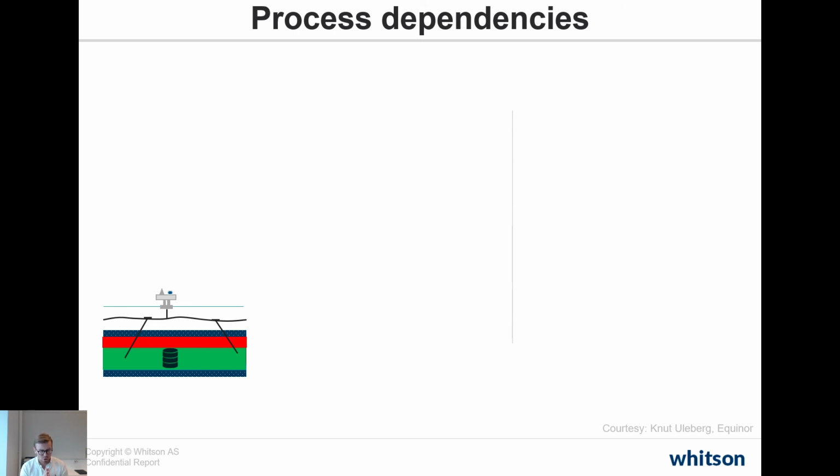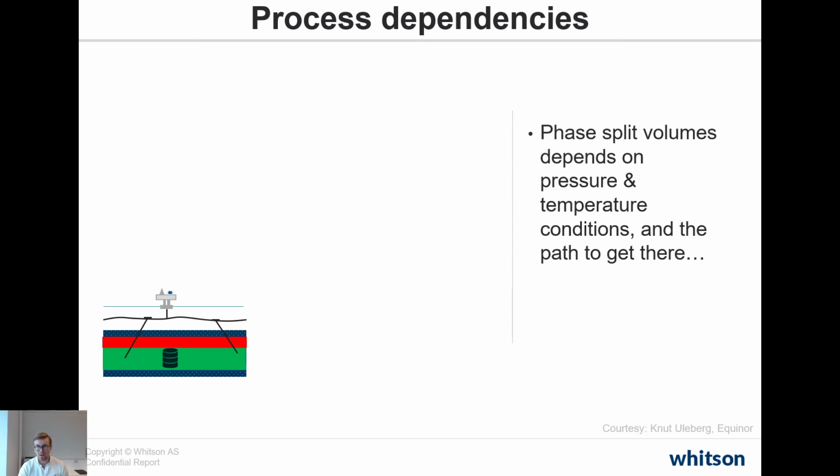A super important thing to remember when we talk about PVT properties is that all PVT properties that are volumetrics, so volume factors and GORs, are a function of the surface process that you expose the fluid to, or the path that you expose it to. Many times we call that the compositional path.